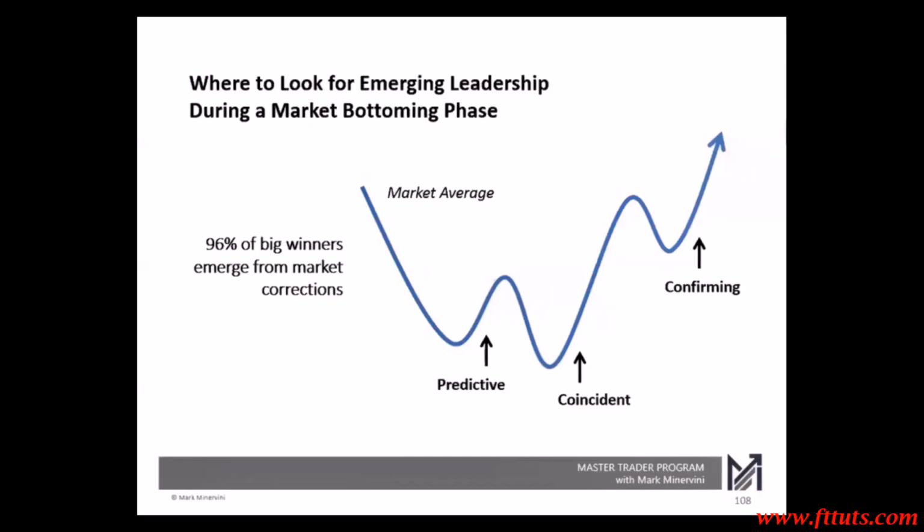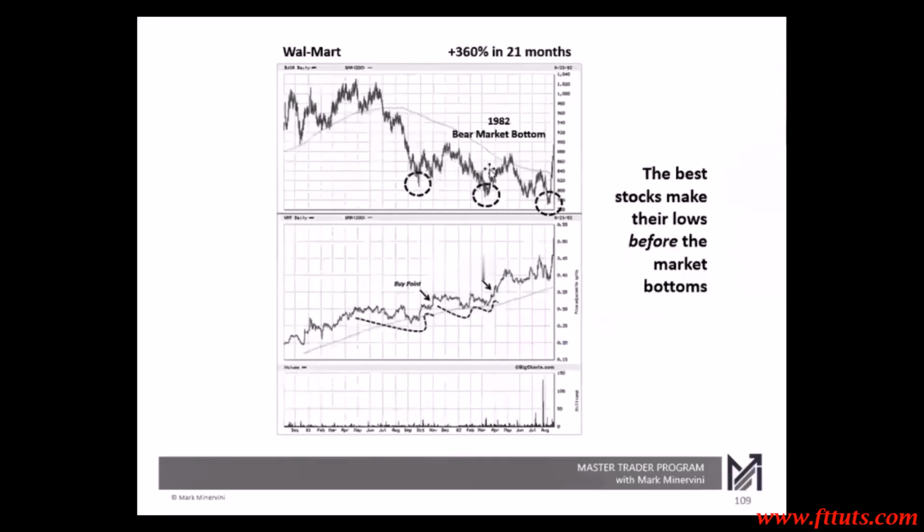But as the correction goes on, the strongest stocks, yes, on that first move down, they're going to get hit. On the second move down, they're not going to get hit as hard, and they might not make new lows at that point. They're starting to resist the decline. And by the third low, those are already turning up and going.